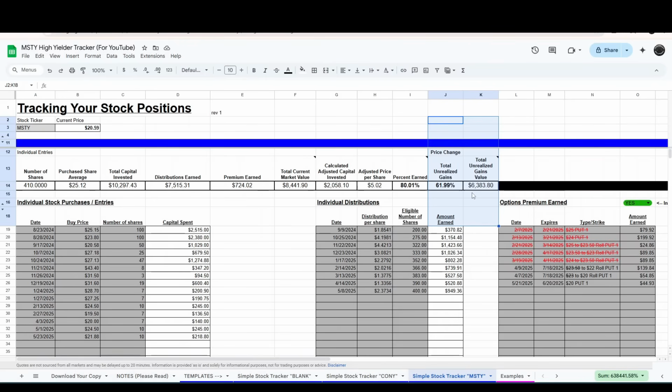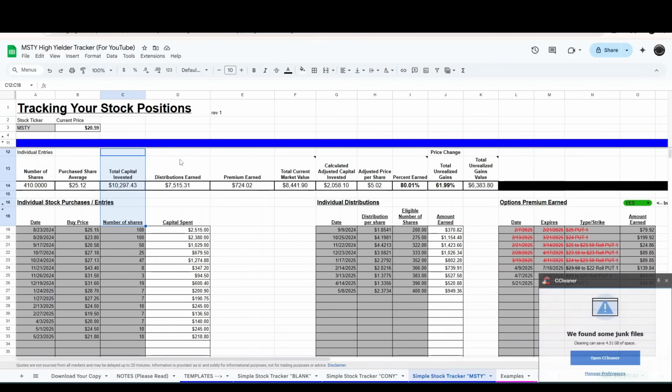The very last one, $6,383.80, is my total unrealized gains, meaning that if I were to sell all 410 shares right now at $20.59, I will have earned $6,383.80. Not a loss. That is a gain. That is what I actually will have earned, right? Because I spent $10,297.43 in purchasing the shares, but I have gained distributions and premium here.